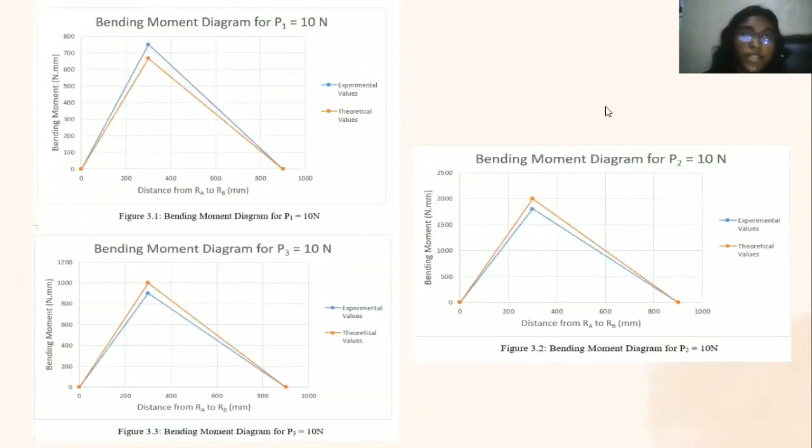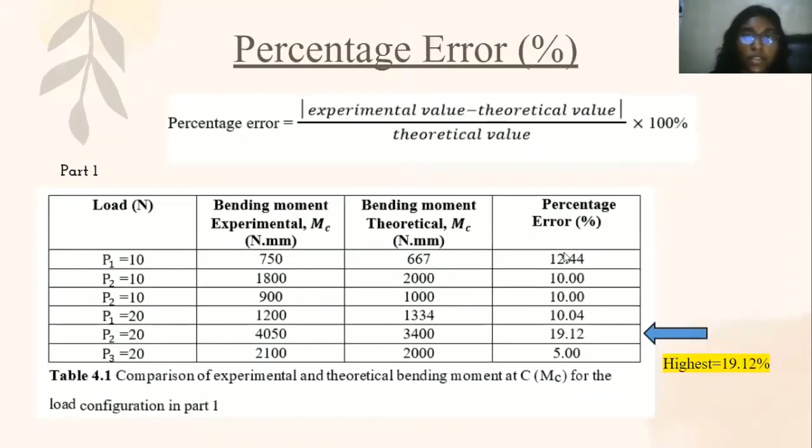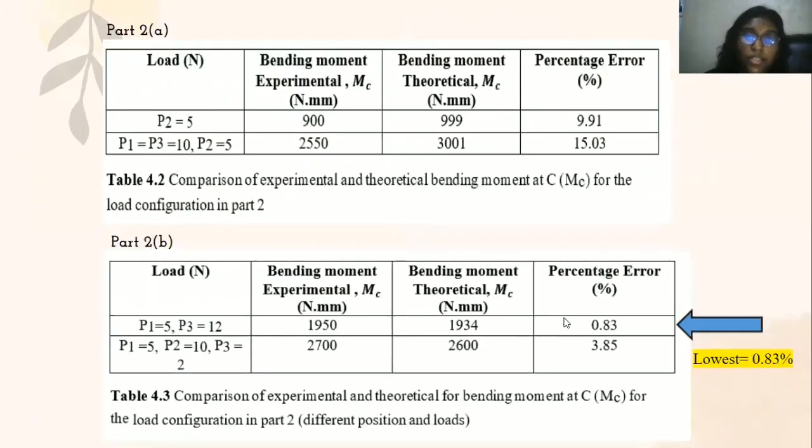The graph shows that the bending moment varies with the position and mass of load. Based on the data collected, an average percentage error expressing the comparison between the experimental and theoretical bending moment was calculated using the formula. We can observe that the percentage errors are relatively high, with 19.12% being the highest and 0.83% being the lowest.